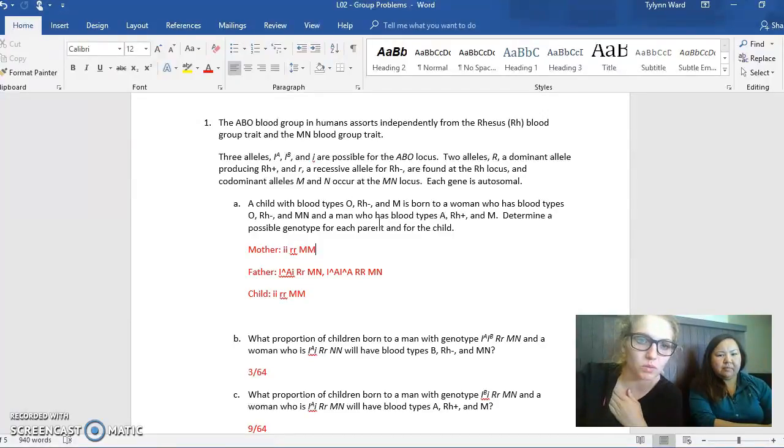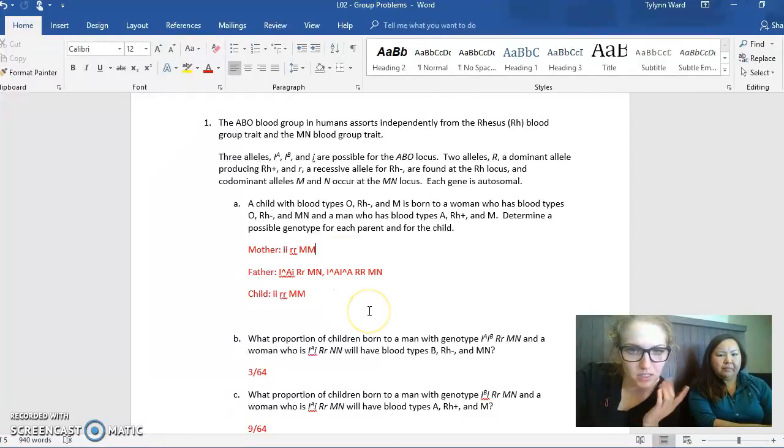So it says a child with blood types O negative M is born to a woman who has O negative MN and a man who has A positive M. Determine the possible genotypes for each parent and for the child. So if the mother is O negative, she has to have recessive alleles. So it has to be little i, little i, and then little r, little r, and then MM.